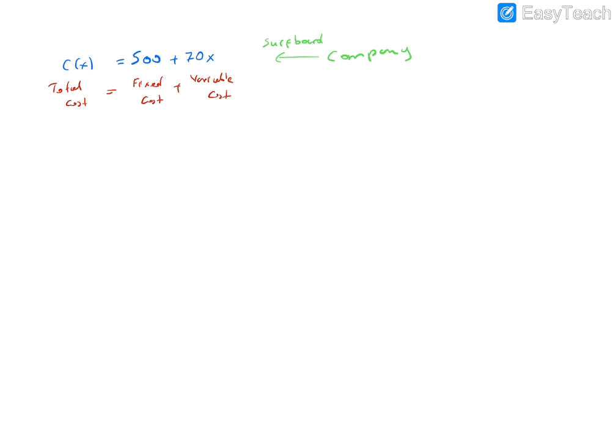And now we add another product, the competition board. If the fixed cost for the competition board is 200, and the variable cost is 100 times x, then the cost function of the competition board is that one.